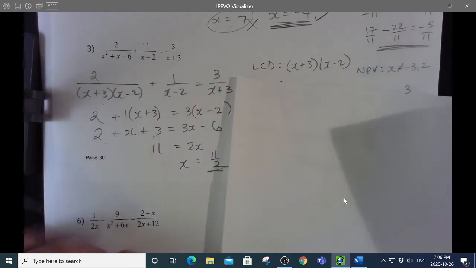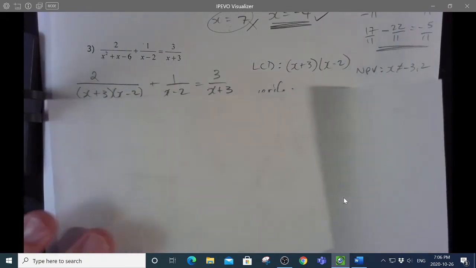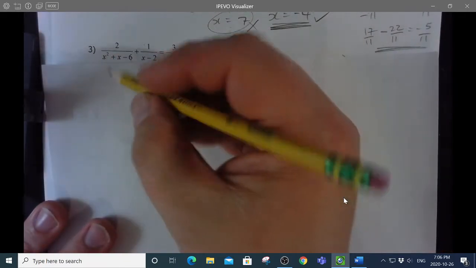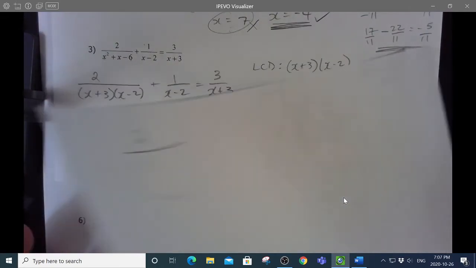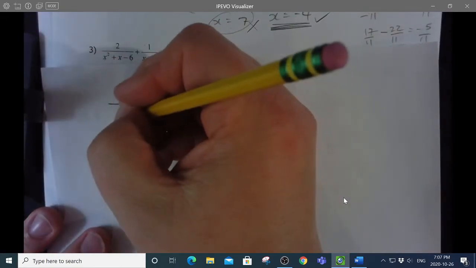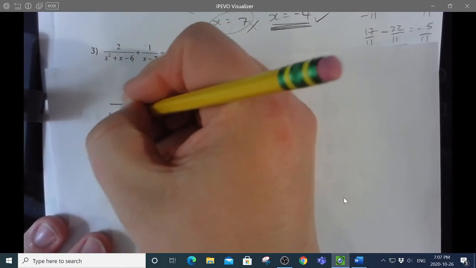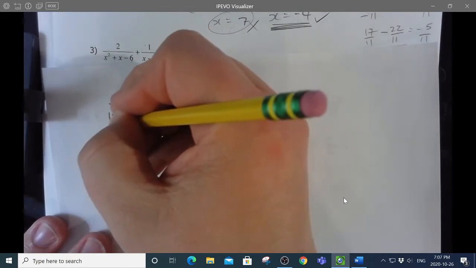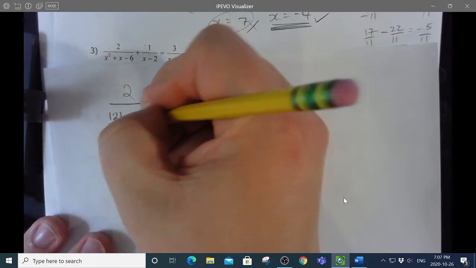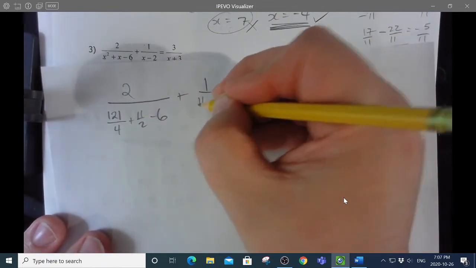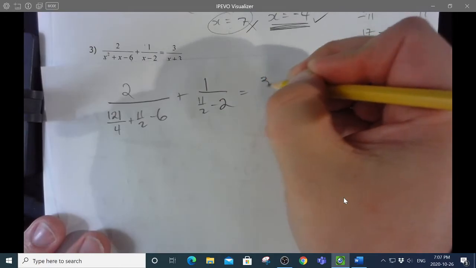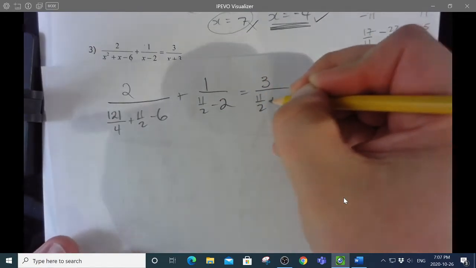So here we go. Trying to put this into there. That is 2 over 11 over 2, which is again, because I'm squaring it, 121 over 4, plus 11 over 2 minus 6, plus 1 over 11 over 2 minus 2 equals 3, and then that's 11 over 2 plus 3.